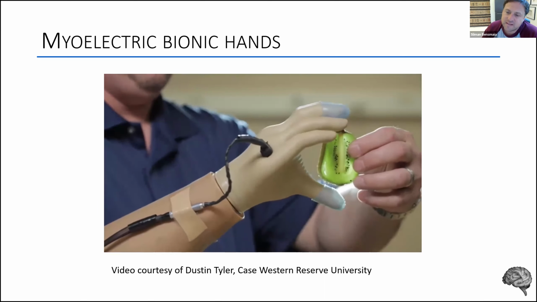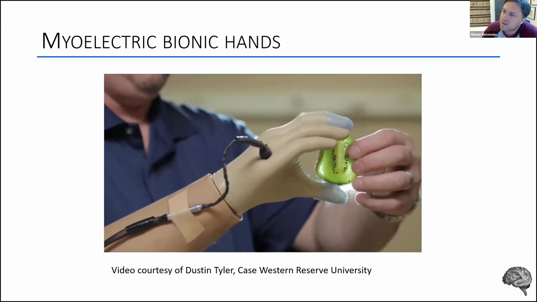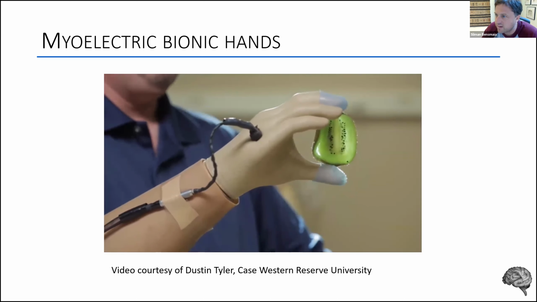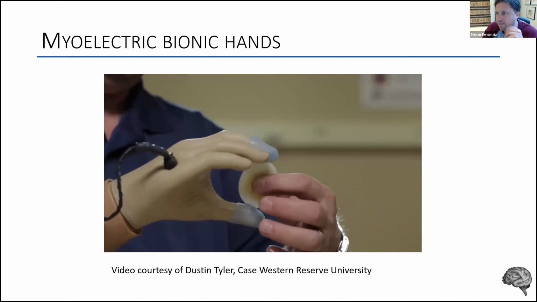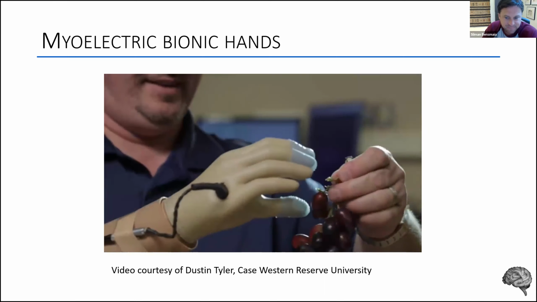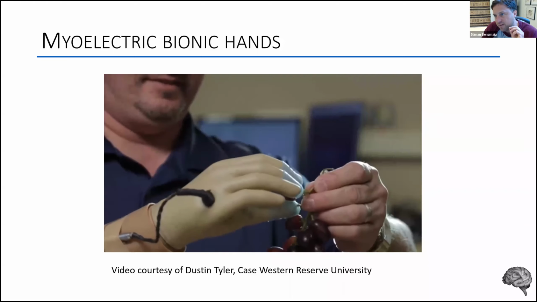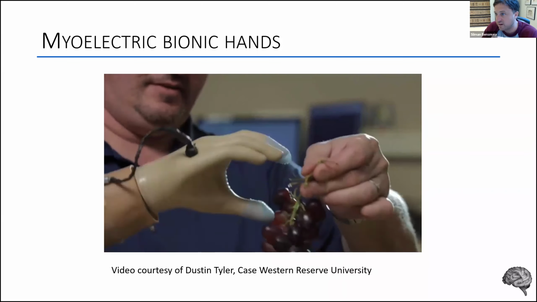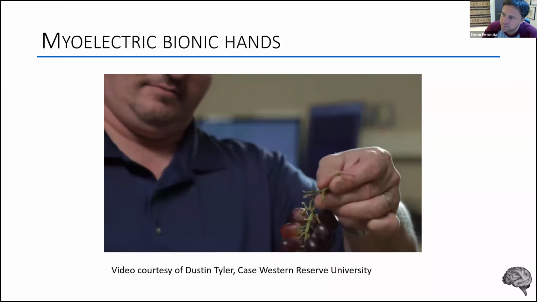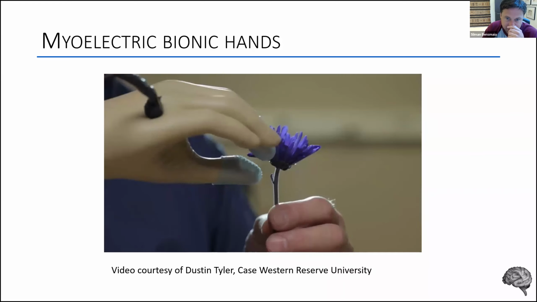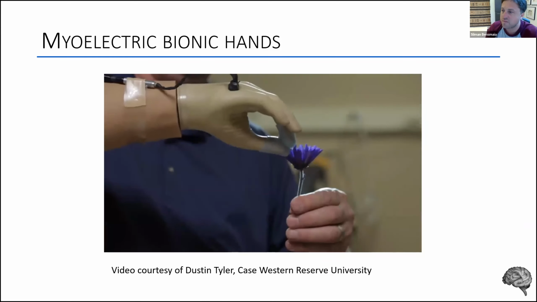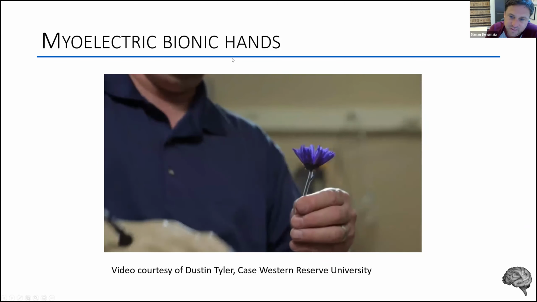But this is a video from my colleague Dustin Tyler at Case Western University, really one of the world leaders in restoring hand function through these bionic hands. He's been one of the major pioneers in the restoration of touch there. I showed you there's a bunch of technologies. His technology specifically is an extravesicular electrode. So he electrically stimulates the nerves, the residual nerves.